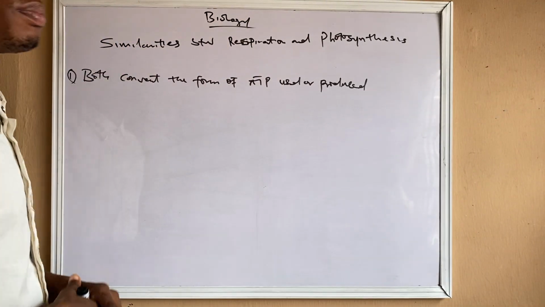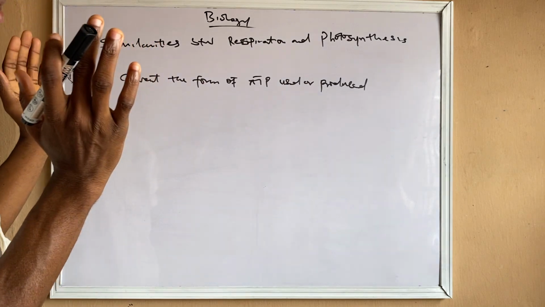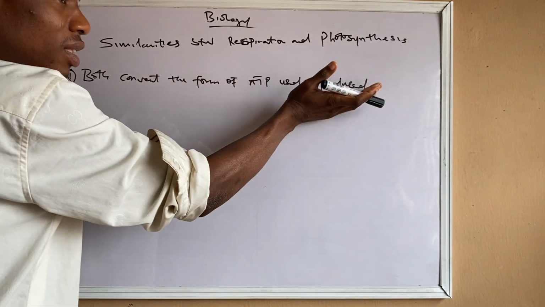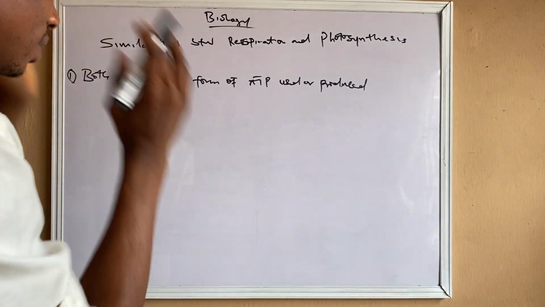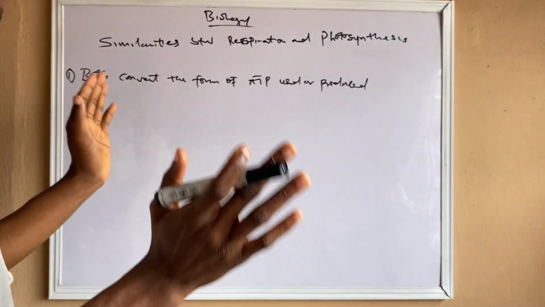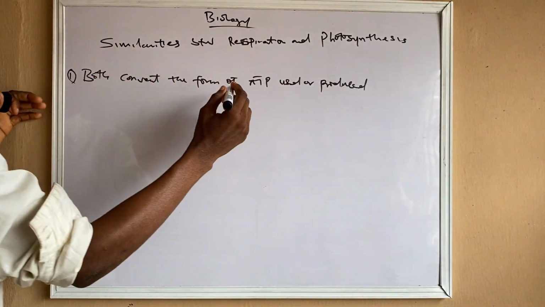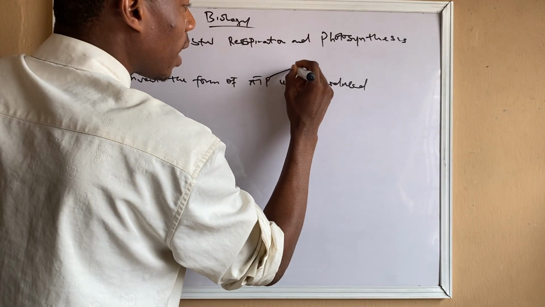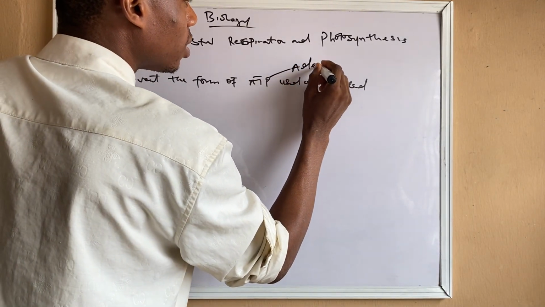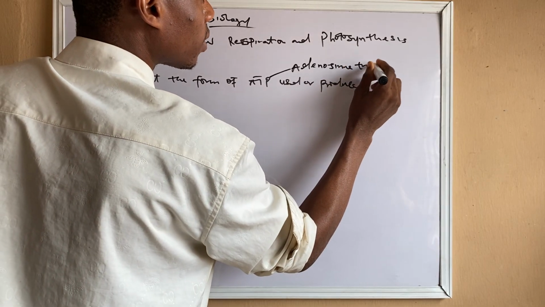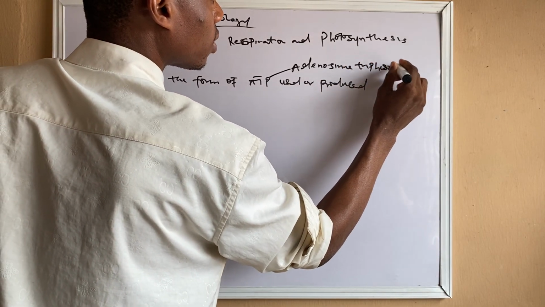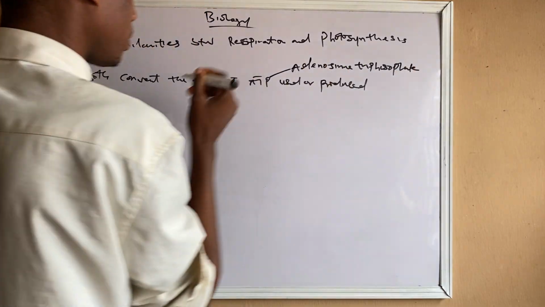They both have ATP, but they convert their ATP. One converts it into solar form, the other converts it to chemical energy form. ATP is involved in both. What do I mean by ATP? I hope you already know that it is adenosine triphosphate.